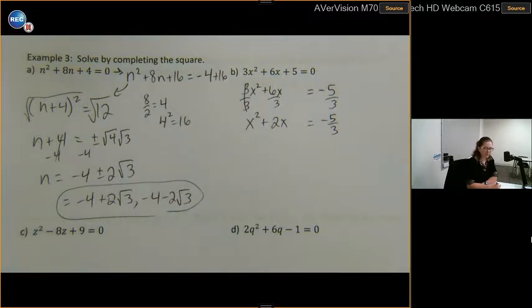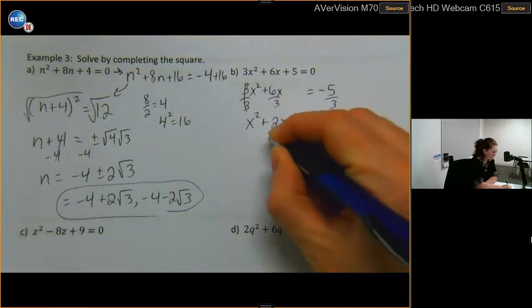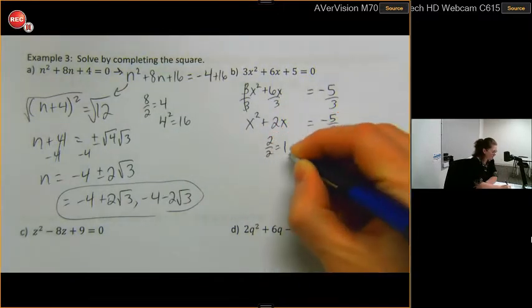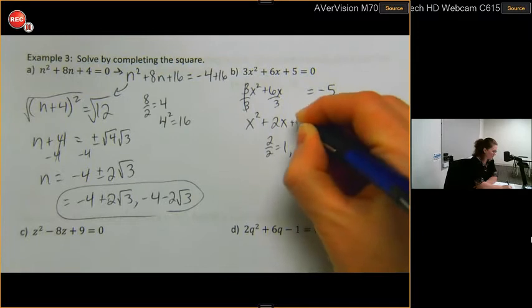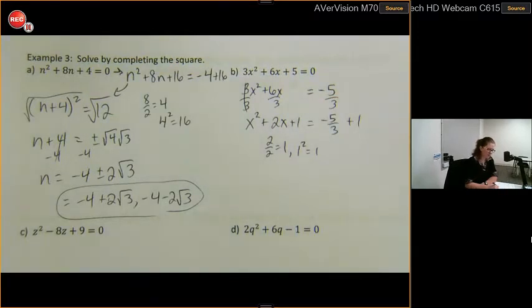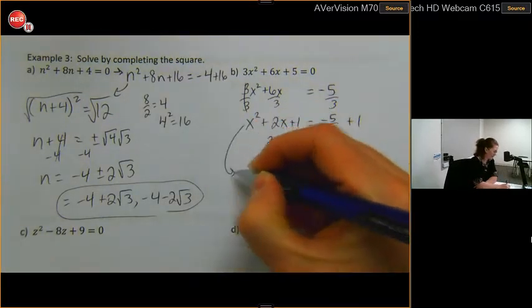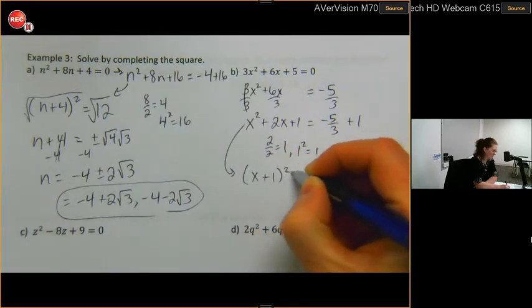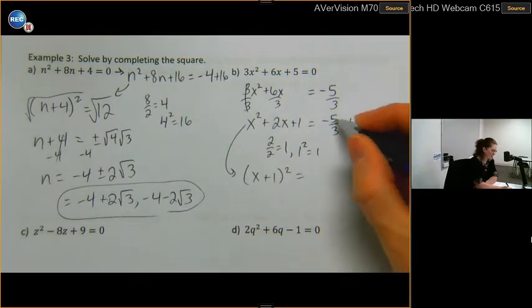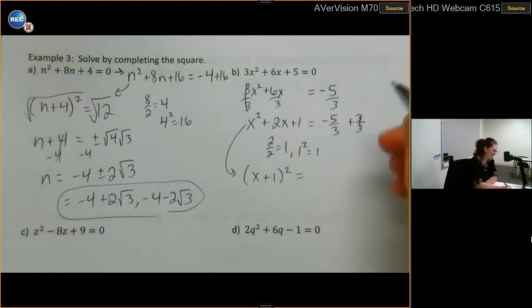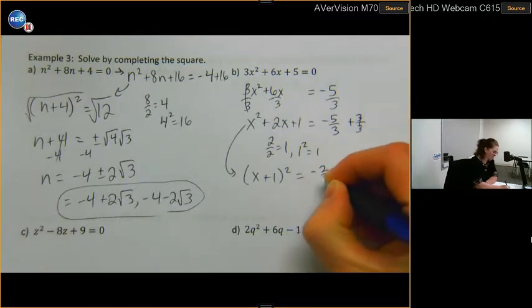And then go through completing the square. So 2 divided by 2 equals 1. 1 squared equals 1, so I'm going to add 1 to each side. So now I have x plus 1 squared equals -5/3 plus 1, which is going to be -2/3.